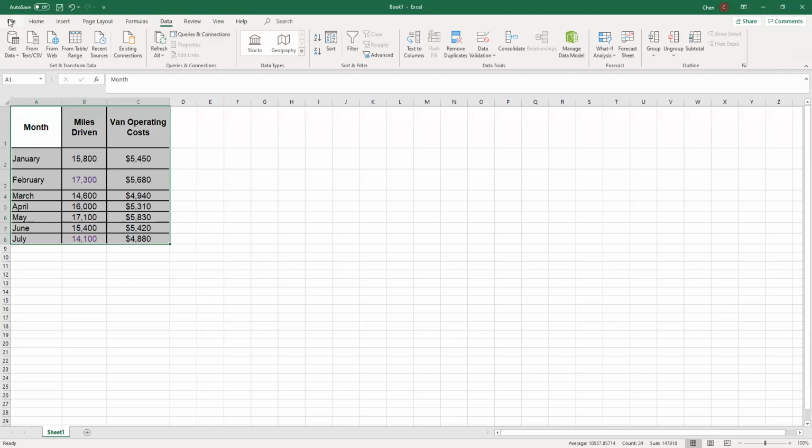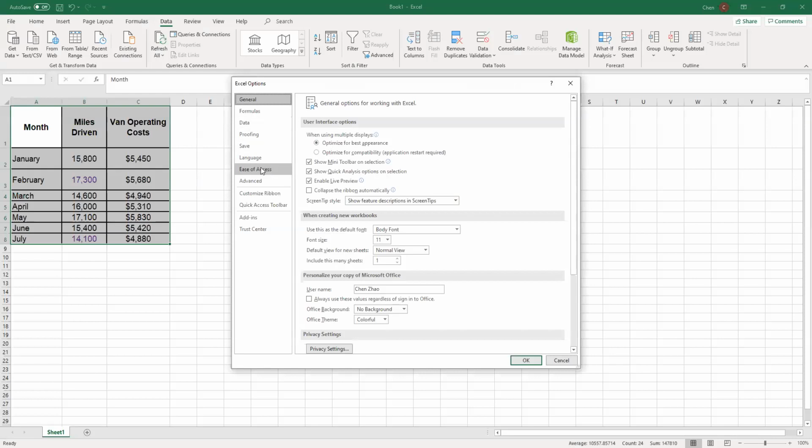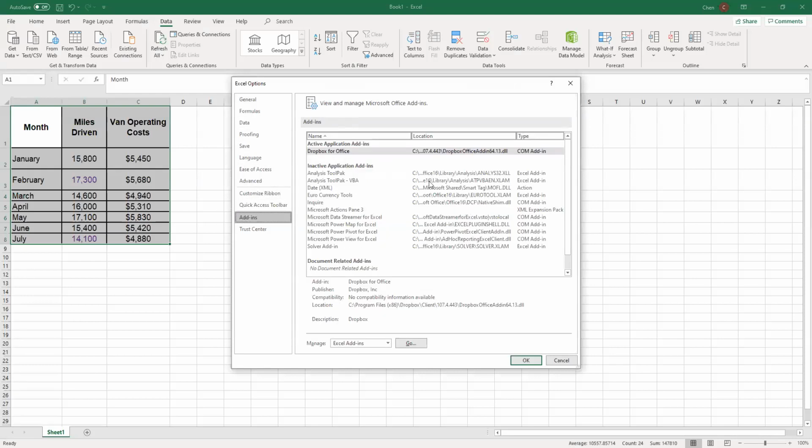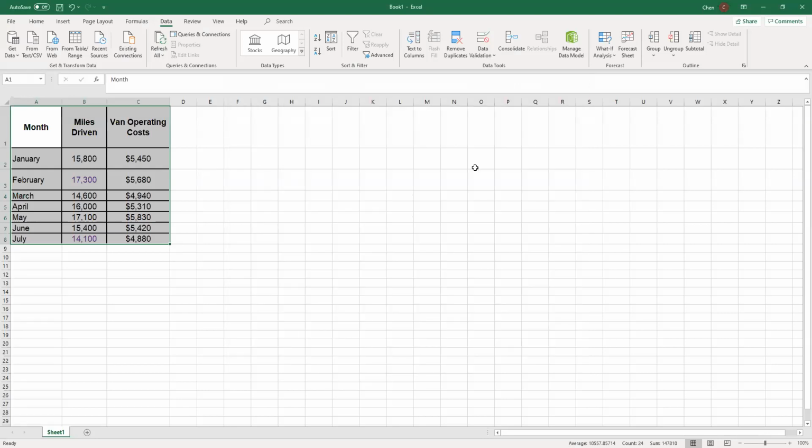But if not, you can go to File, Options, and then with your add-ins, Analysis Tools, you click these analysis tools, and then just install that.